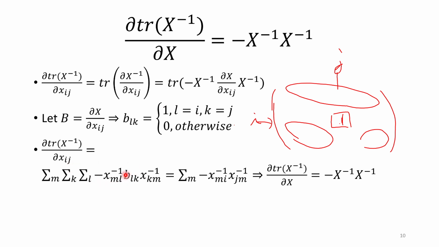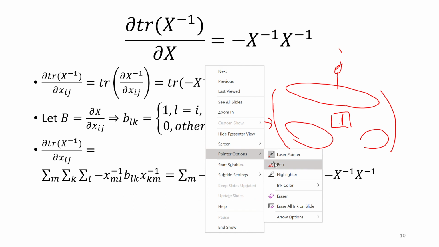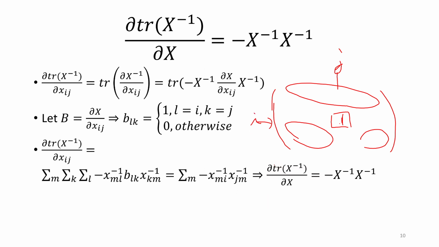If you do the multiplication of x inverse, B, and x inverse, you start from B. What's in B? B_lk.